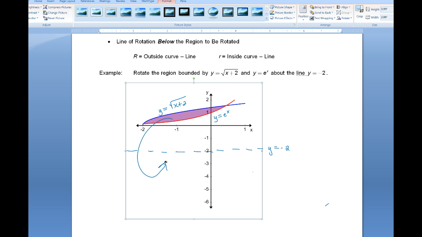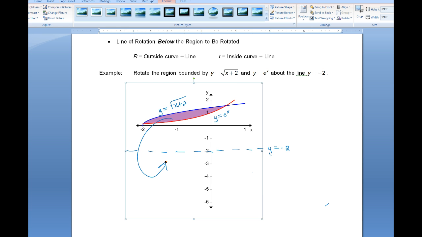There's going to be like an open top and an open bottom, if you will. It's going to be curved on the outside, and then it's going to have curved inward. If you can just take this and reflect it across the line y equals -2, that would maybe give you a better idea.